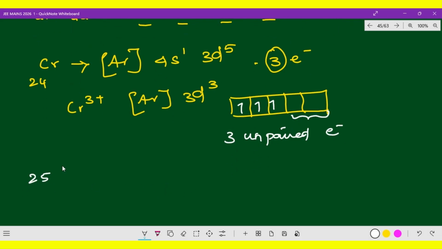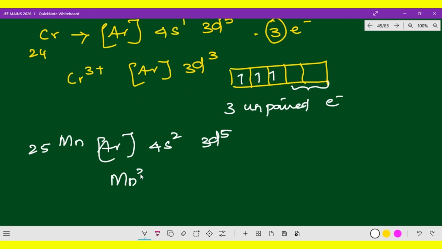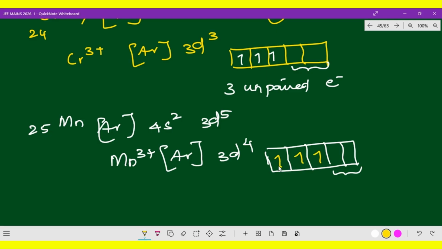And the same way, manganese. Manganese is 25, so the same argon 4s2 3d5. Now 4s2 3d5 is Mn2+; for Mn3+ that means argon 3d4. When you draw that electronic configuration, 4 electrons are there. The last two you just leave because it is a low spin complex. So 3d4, 1 2 3 and 4, right?